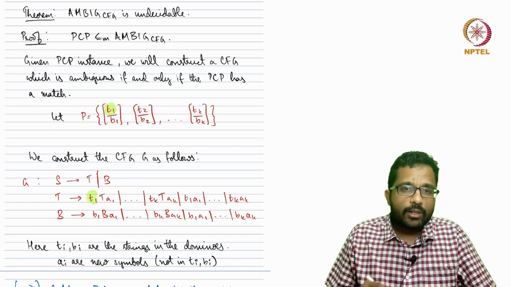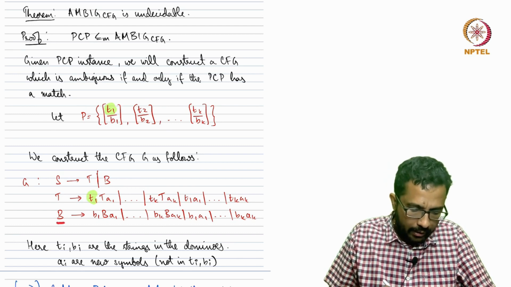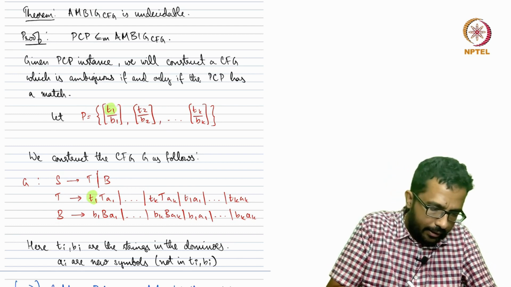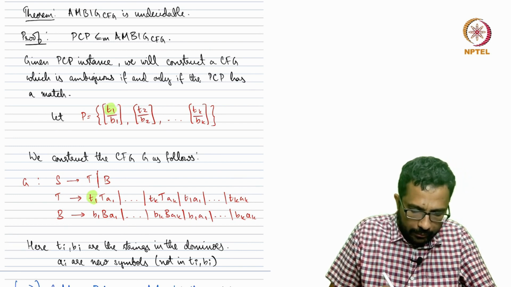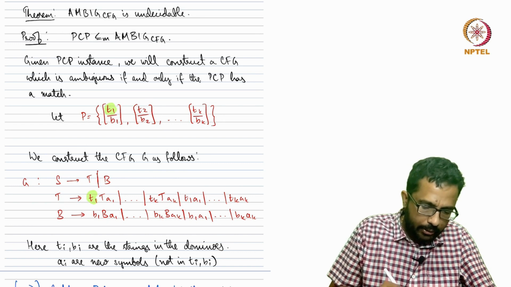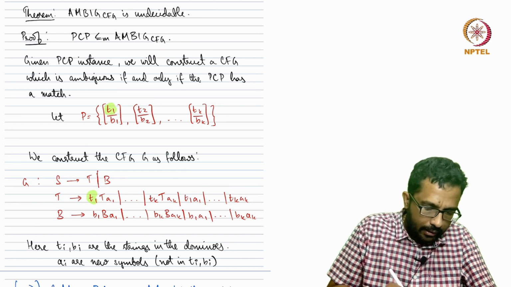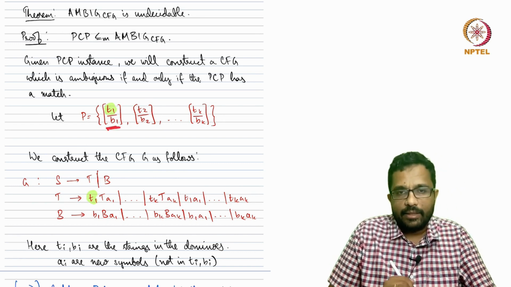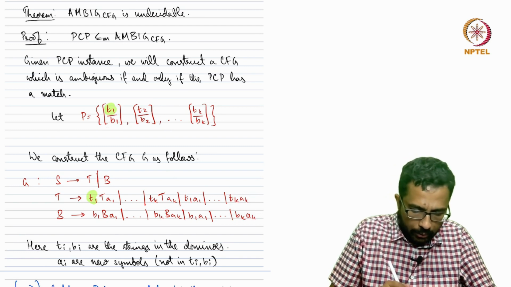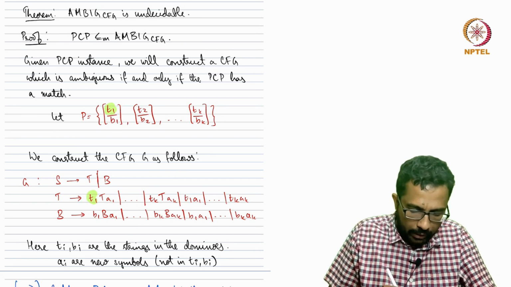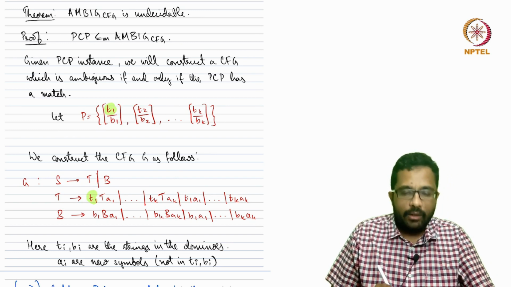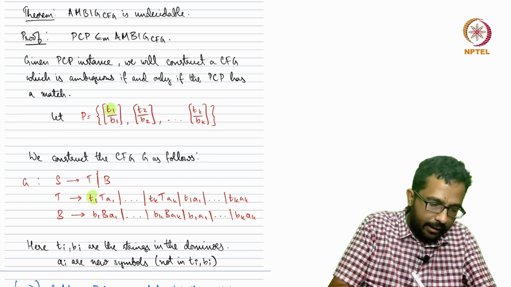The other branch involves the variable B. It is similar: B gives B1 B A1, where B1 corresponds to the B1 from the PCP instance, B2 B A2, and so on up to Bk B Ak.